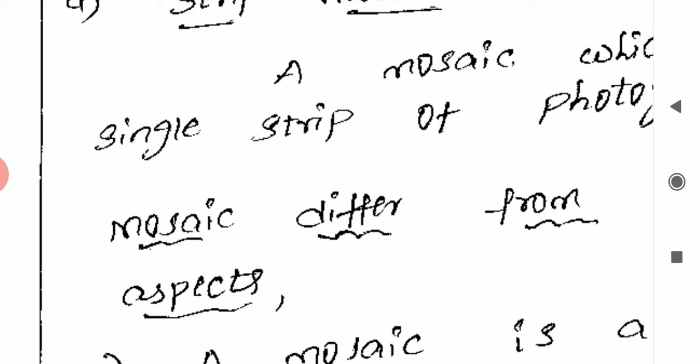Next, realistic photographic images appear on mosaics, whereas maps are portrayed by standard symbols. These are all aspects of mosaics.